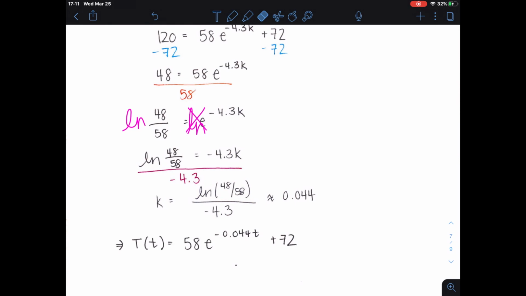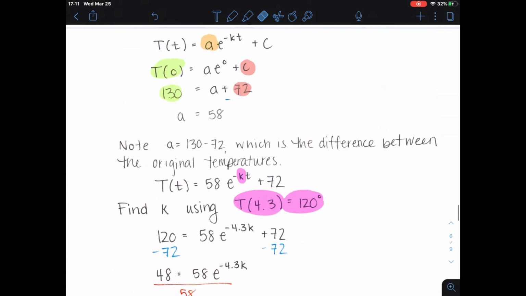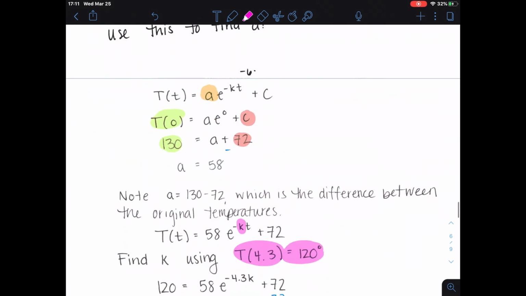So now we know a formula. The temperature of the coffee after time t can be given by 58 e to the negative 0.044t plus 72. So we're almost there, but our ultimate goal is to see how long it will take for the coffee to cool to 105 degrees Fahrenheit.